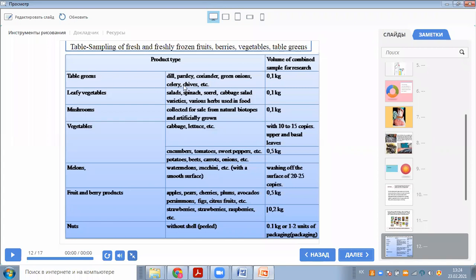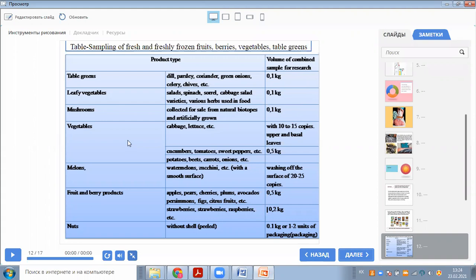From these products, we can take 0.1 kilos for the study. From leafy vegetables, for example, salads, spinach, cabbage salads, various herbs used in food, we take 0.1 kilos too. And from mushrooms, 0.1 kilos too.